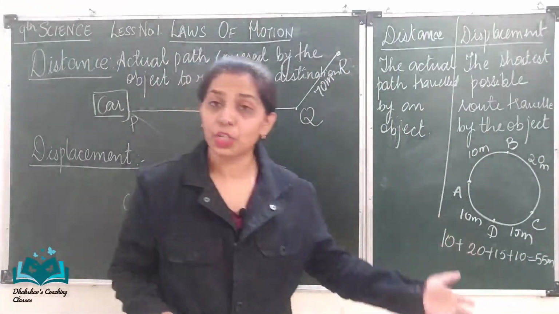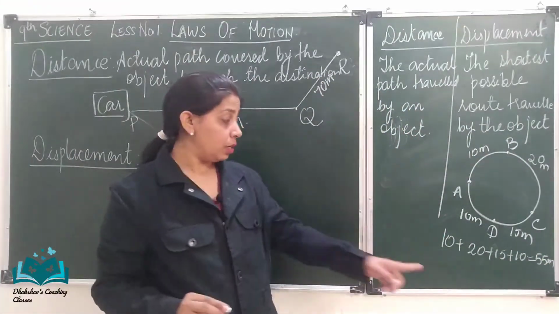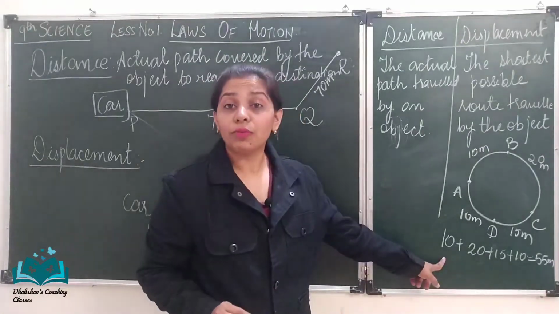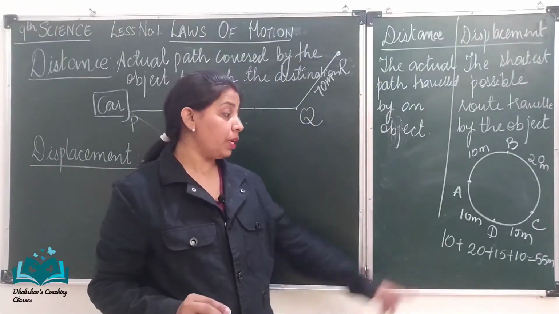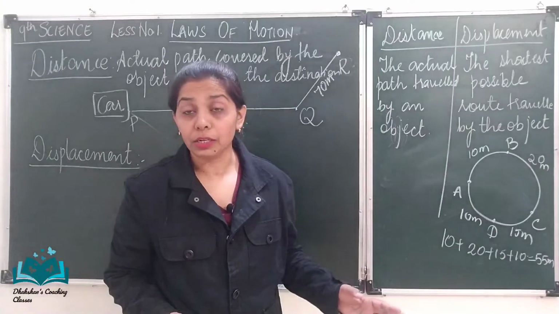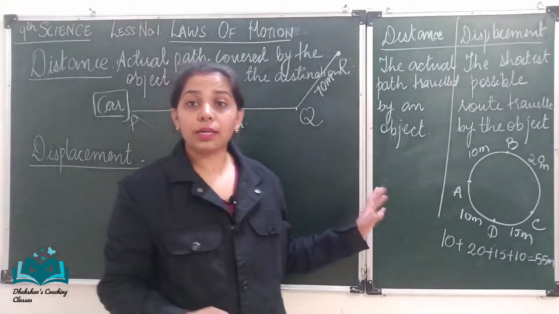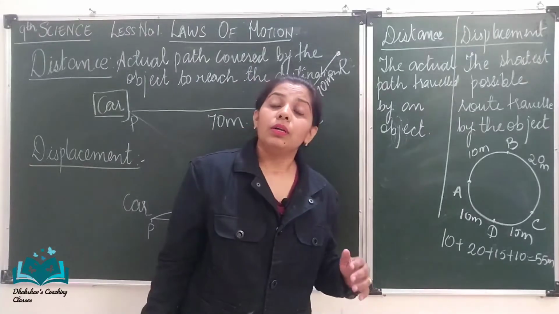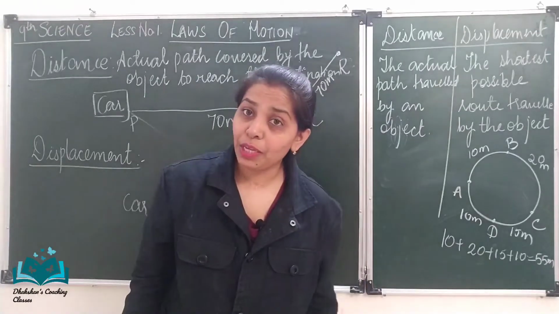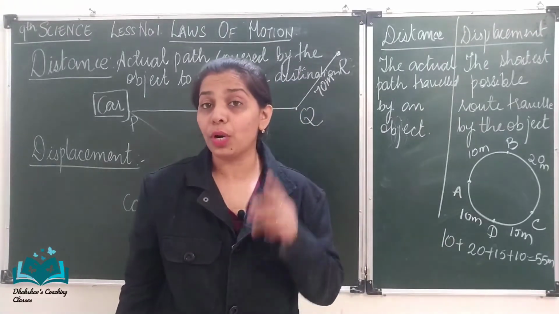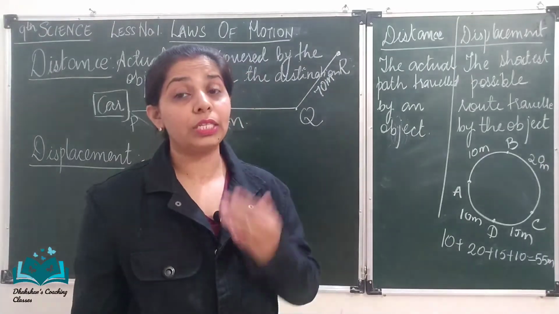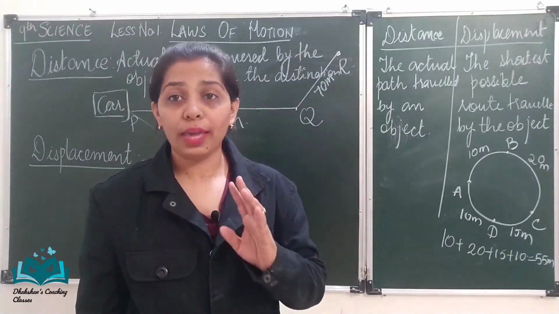Even if the displacement is 0, the distance covered by the object will be 55 meters. Another example I give you so that the concept of displacement being 0 whereas the distance travelled is not 0 is very clear to every one of you.